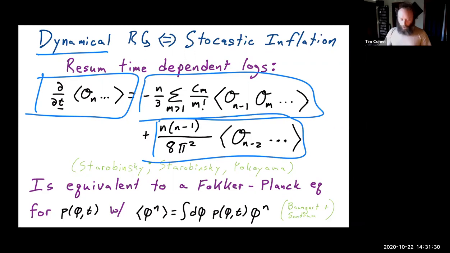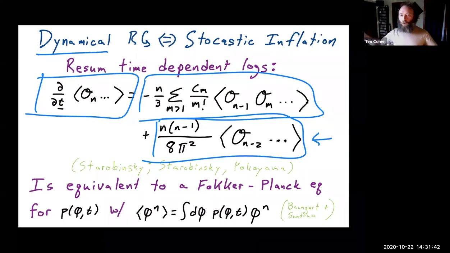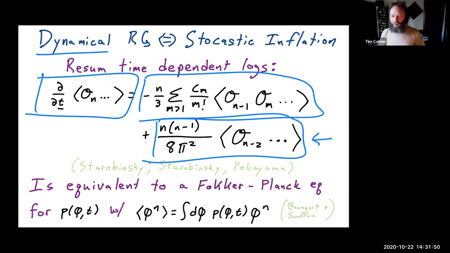So this is the sort of quantum piece of Starobinsky. Starobinsky derived this by bringing modes in from the horizon. So he was looking at modes that were near the horizon, and essentially this term is taking into account the physics that you're constantly integrating in more and more modes as you time evolve.